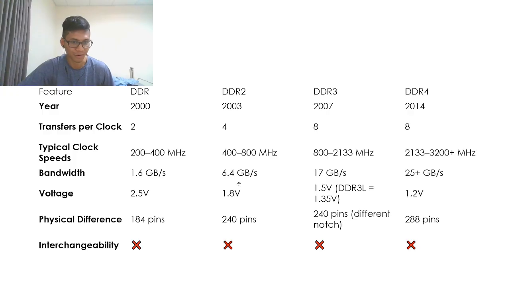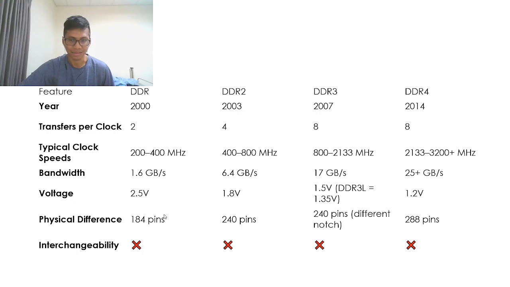DDR4, for example, also has lower power. That means for each generation, the power used by the DDR memory itself becomes lower and lower, and more efficient.